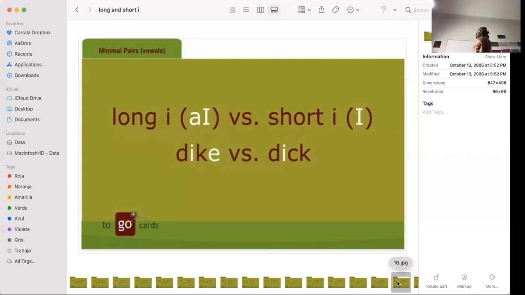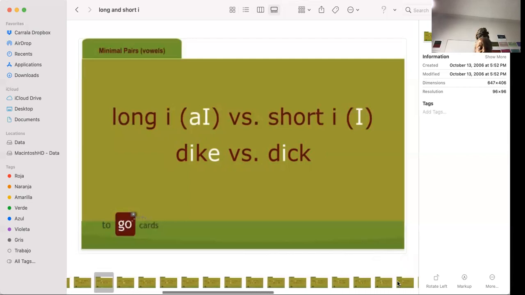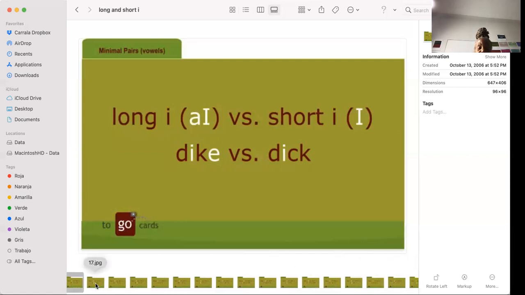Dyke, dick. Be careful with these two words because even though the words are quite common and at one time they were used without any cultural baggage, they now have cultural baggage to the point that you have to be very careful how you use them because now they also have vulgar definitions, both.